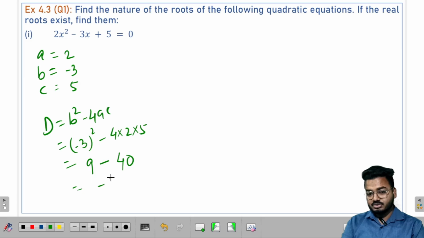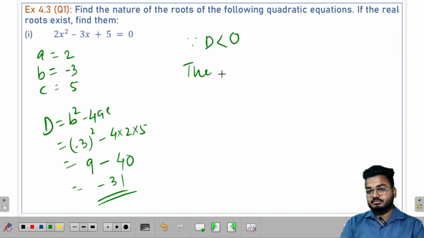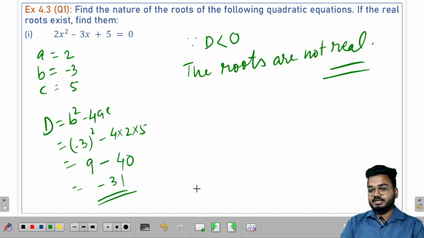So this is not real because it is less than 0. Or we can write, since d is less than 0, the roots are not real. Okay, so there is no need to find them here.